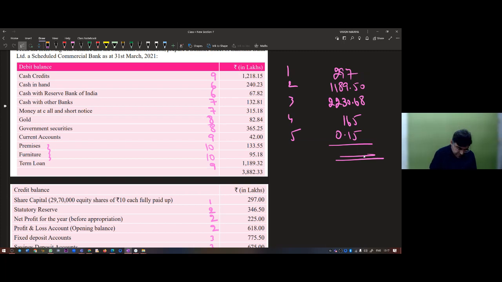So this plus 165 plus 0.15 plus 1189.5 plus 297. Totaling, we will check again: 3882.3.